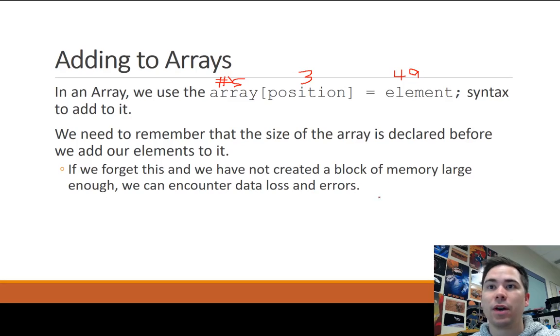You will get a huge error if you try to add elements in the declaration of your array. I know before you could declare and initialize variables together. That does not work with arrays in Java. You have to declare it first, and then you initialize it and fill it later. If we forget to do this, we have not actually created a block of memory large enough, and we can encounter data loss and different types of errors that come with that. So make sure that you're always declaring your array first and then adding elements to it.